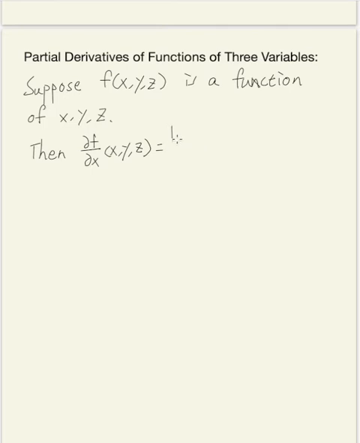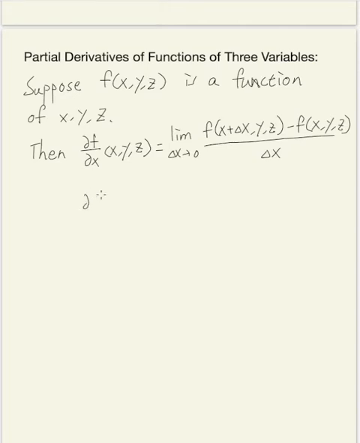df dx is the limit as delta x goes to 0 of f of x plus delta x, y, z, minus f of x, y, z, divided by delta x.